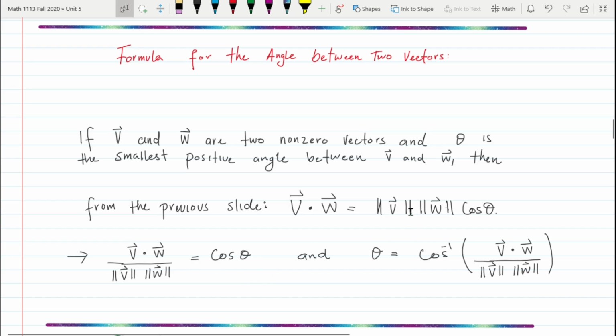Since this right here is all being multiplied, we can divide both sides by it, and we get something like what we have here. Then we have cosine theta equals that, and if we solve for theta, then we get cosine inverse of the dot product between v and w divided by the product of their individual magnitudes.